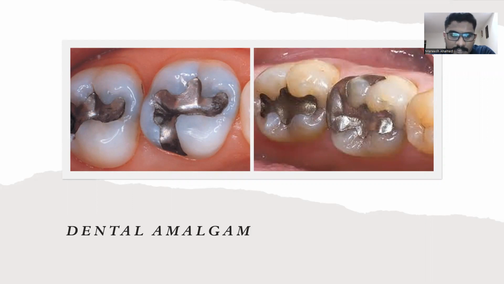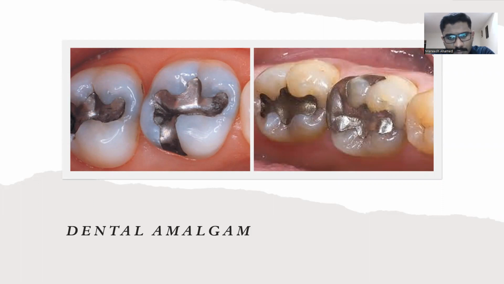There is also something known as galvanism: if there are too many metallic restorations in the patient's mouth, it can produce several electrochemical reactions and cause degradation of the material. Sometimes galvanic shocks can also happen. So there are several disadvantages for this material.